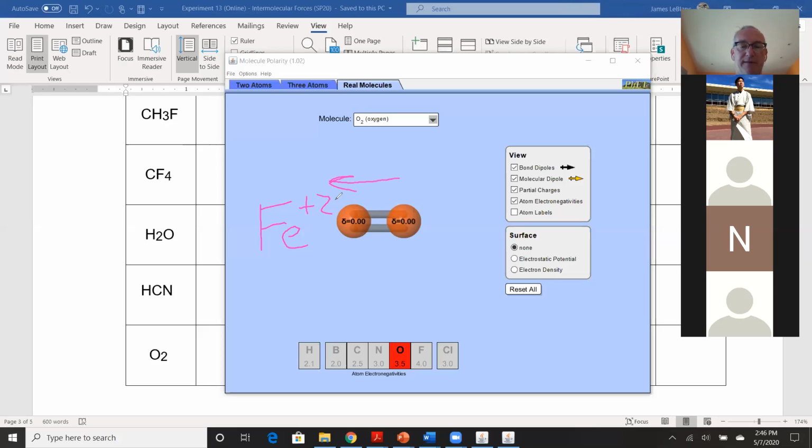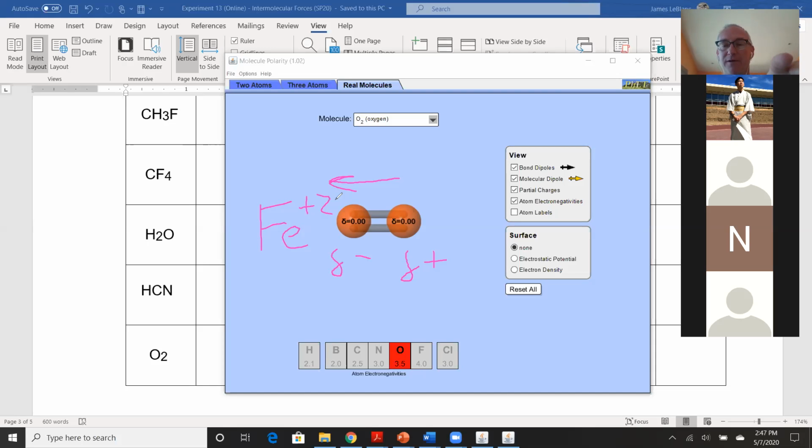And so this oxygen will become slightly negative and this oxygen will become slightly positive because the +2 ion is pulling electrons toward it because it's positively charged. And so it forces a dipole to form. And it's this induced dipole, we call it, that's responsible for you being able to breathe. So oxygen better be able to form a dipole or we'd all die. So it's kind of important.